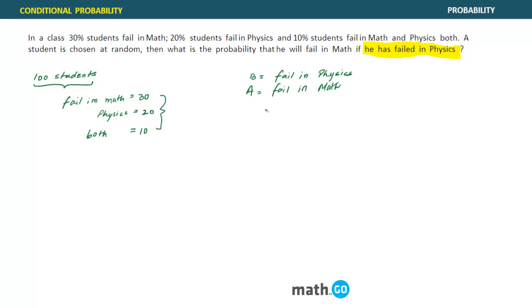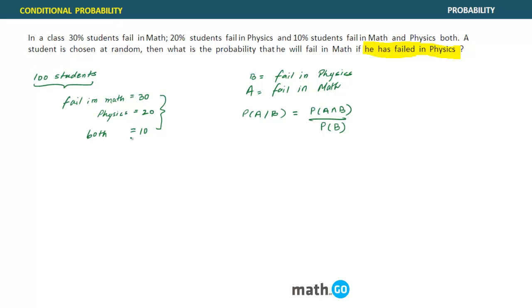What you are asked is probability A given B. That is, when the student has already failed in physics, what is the probability that he will fail in math? It is nothing but probability A intersection B divided by probability of B.